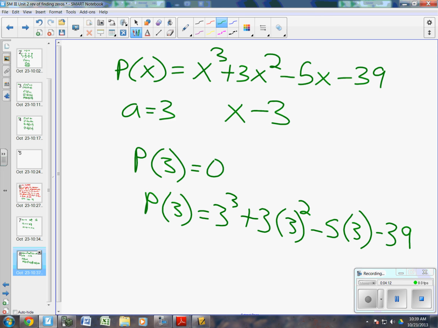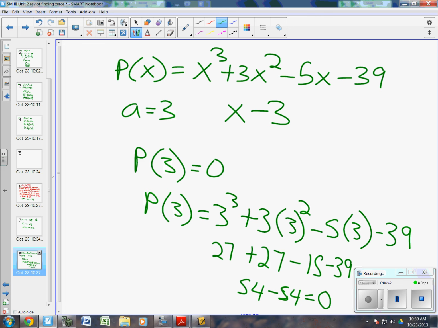Let's check this out. 3 cubed is 27. 3 squared is 9. 3 times 9 is another 27. 5 times 3 is negative 15 minus 39. Well, 27 plus 27 is 54. And negative 15 minus 39 is negative 54. And so 54 minus 54 equals 0.